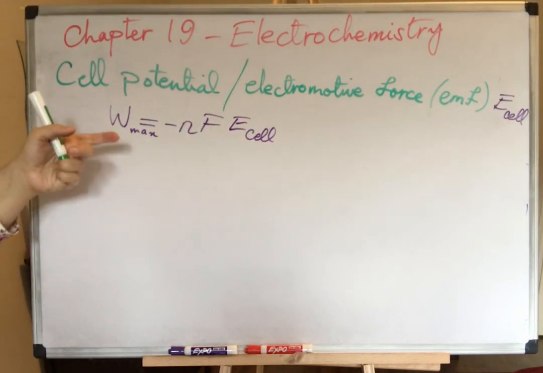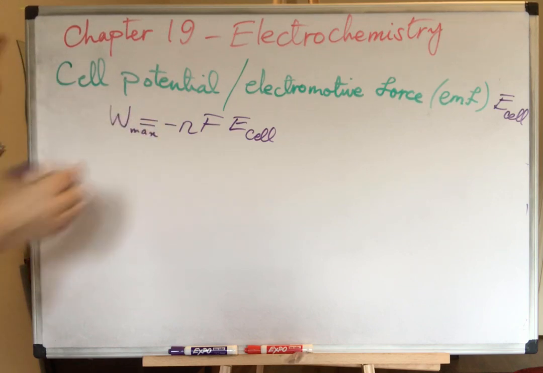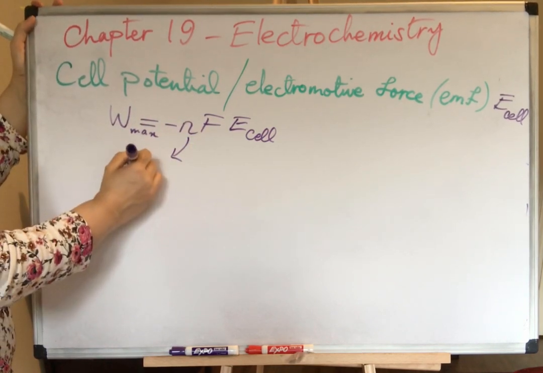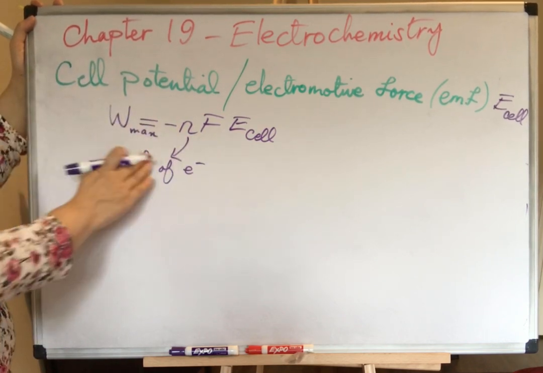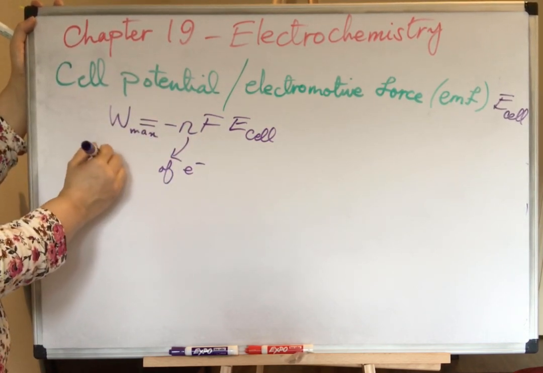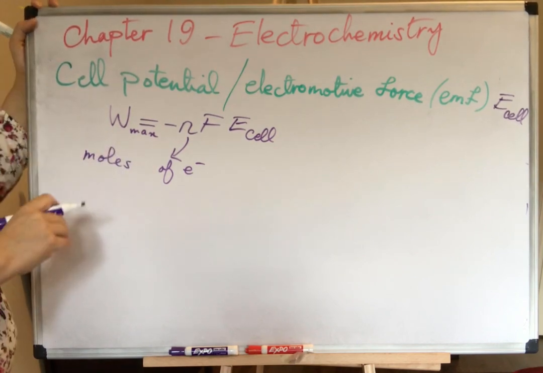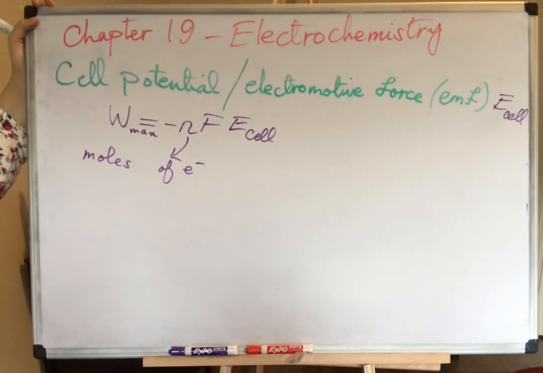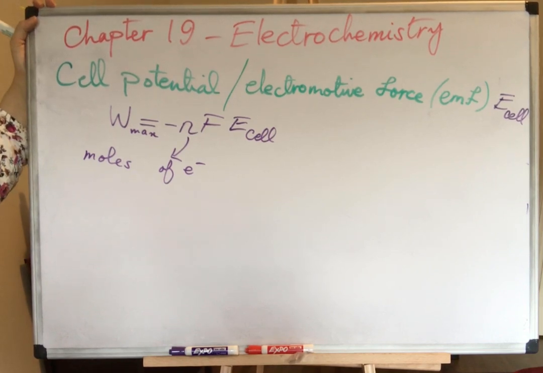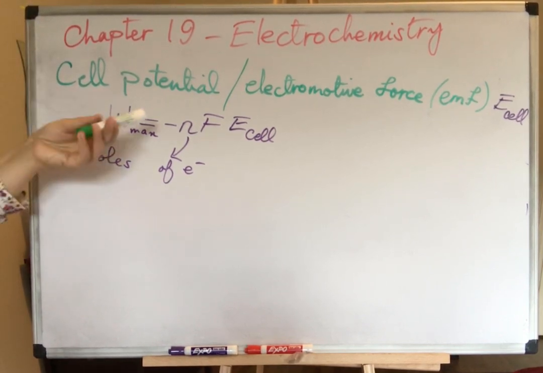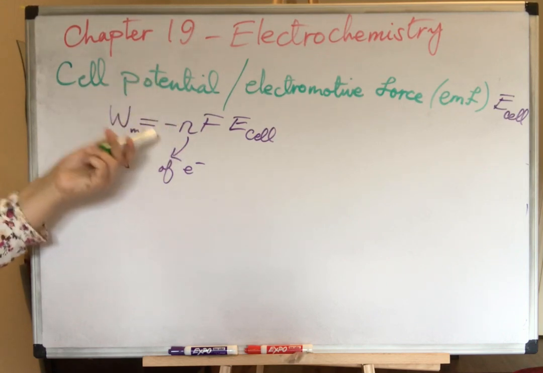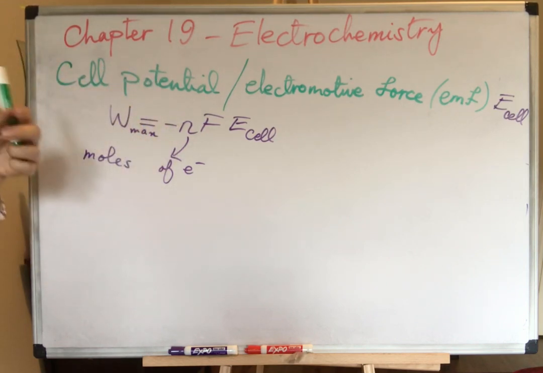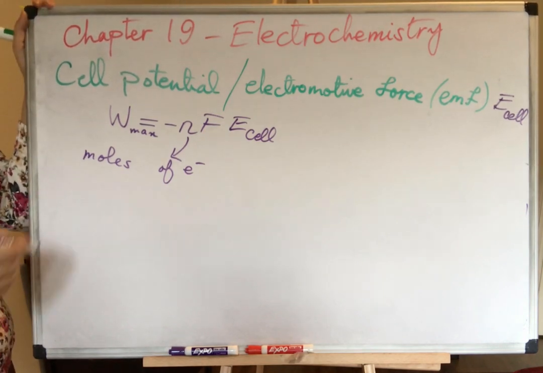The maximum work you can get from a battery is the number of moles of electrons, n, times F, the Faraday constant, times E, the potential of the cell. So most of the time, or let's say all the time, we have to find n for a reaction.